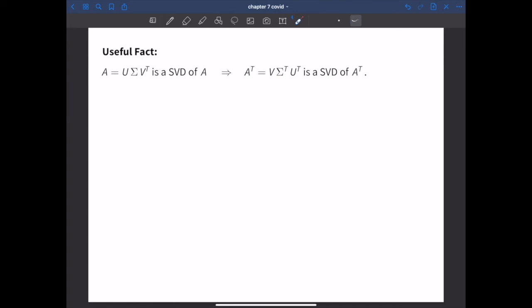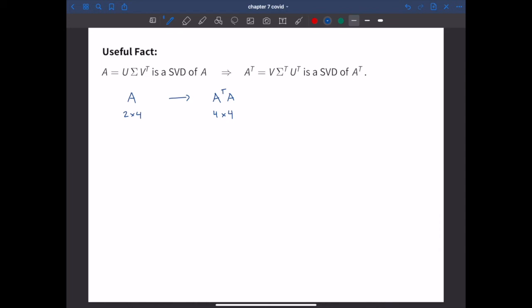Now, why is this helpful? Well, suppose we gave you a matrix A that was a 2x4 matrix. In order to find a singular value decomposition of this, you would need to find the eigenvalues and eigenvectors of A transpose A, which is going to be a 4x4 matrix. Now, obviously, that's going to be a lot of work. Finding the characteristic polynomial of a 4x4 matrix is going to be pretty gnarly.